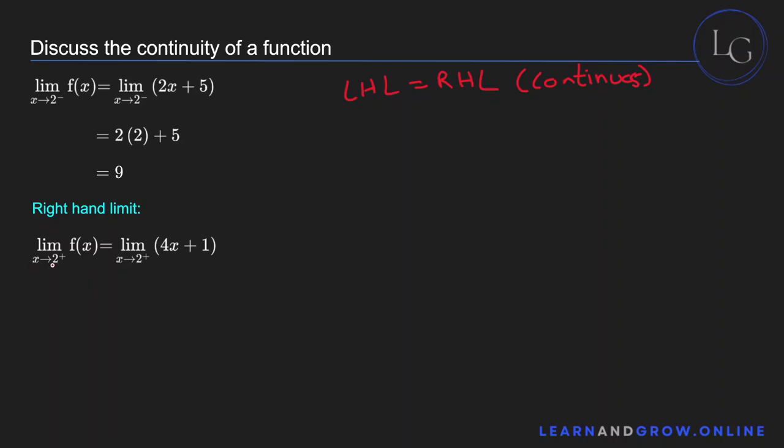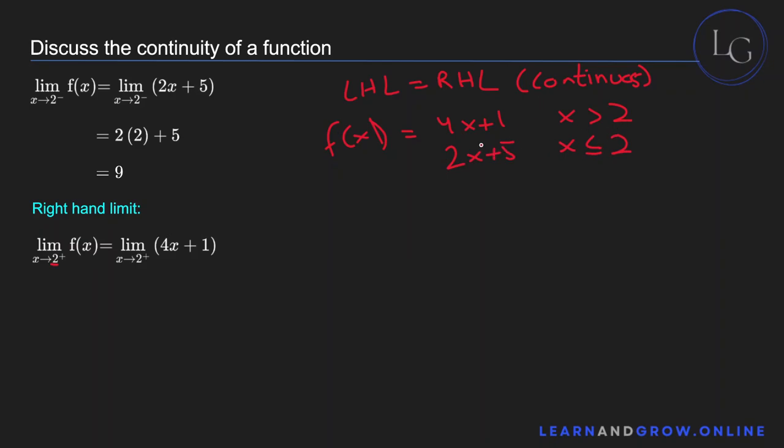So x approaches 2 from the right hand side. The function was equal to 4x plus 1 when x was greater than 2, and it was equal to 2x plus 5 when x was less than or equal to 2.